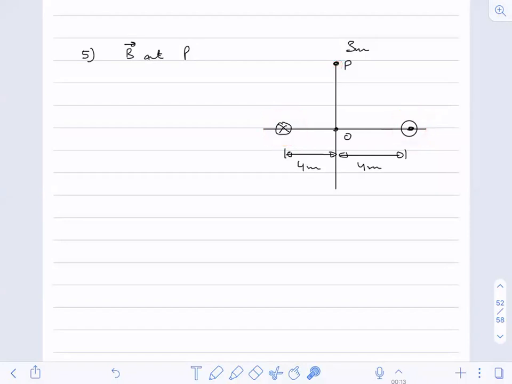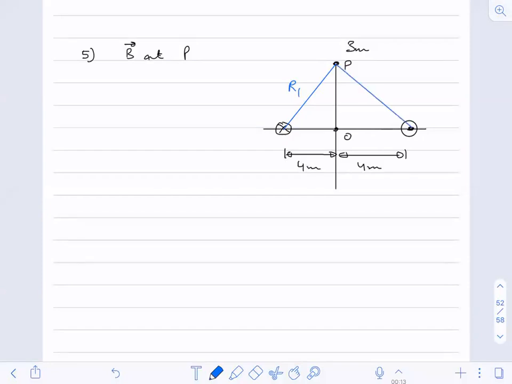Okay. So this is a question where you have two wires. Suppose one wire is this. What you will do, first of all, is draw the perpendicular line. So this is a perpendicular line. This is, suppose, R1, the first perpendicular line.